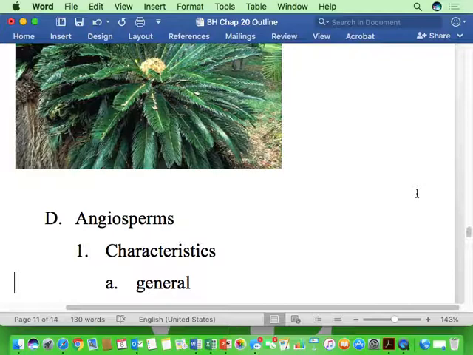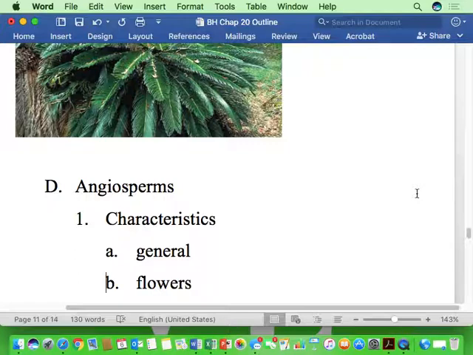Angiosperms have specialized reproductive structures called flowers. Hank mentioned on Tuesday that when you're looking at flowers, you're looking at the sporophyte of that plant. Well, actually, the whole plant is the sporophyte, and the gametophytes develop in the flowers.